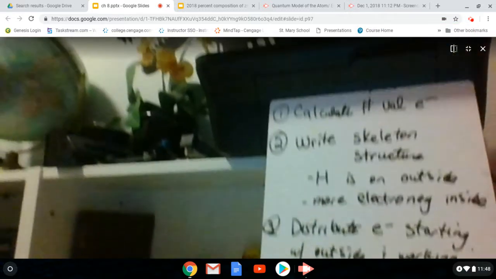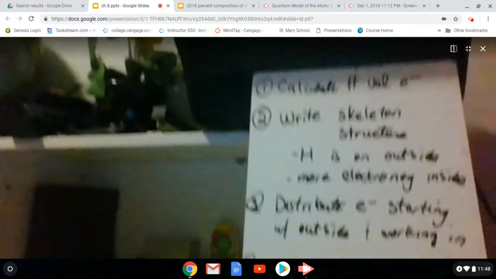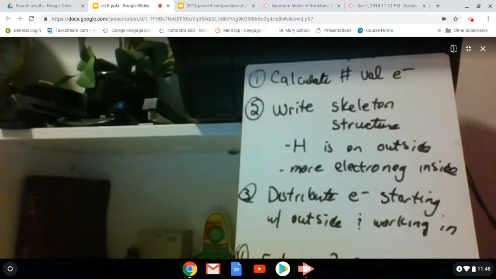Okay. So here are the rules for writing the Lewis structures as we start to get into the practice with it. The first thing is that you are going to calculate the total number of valence electrons within that formula. If it's an ion, you're going to add in the electrons. If it's a cation, you're going to subtract the electrons from the total.